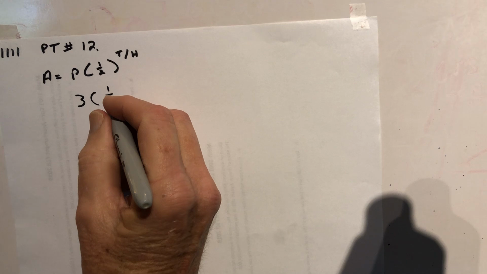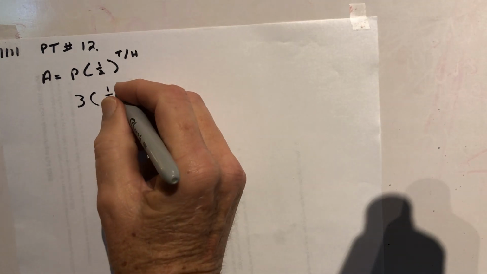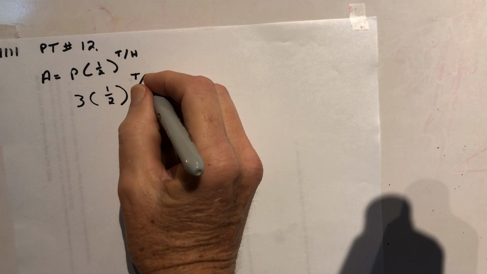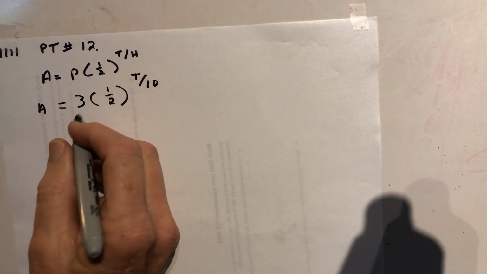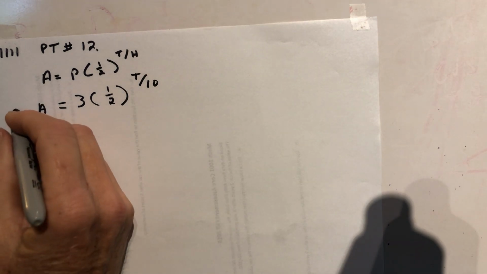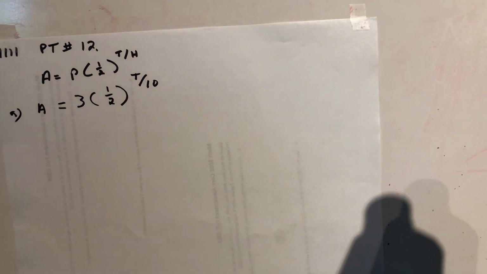So we're starting with 3 grams. And it's raised to the t over the half-life, and the half-life was 10 seconds. So starting with 3, we can put a length of time in, we'll see how much we have left. So that's the answer to part A.